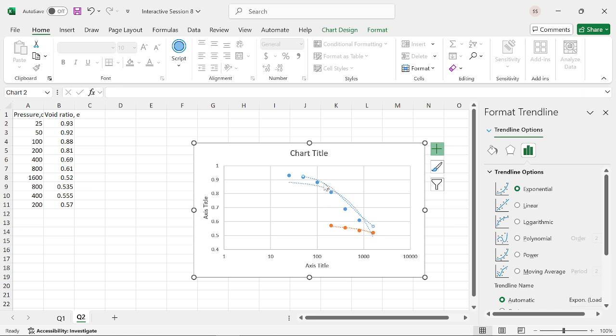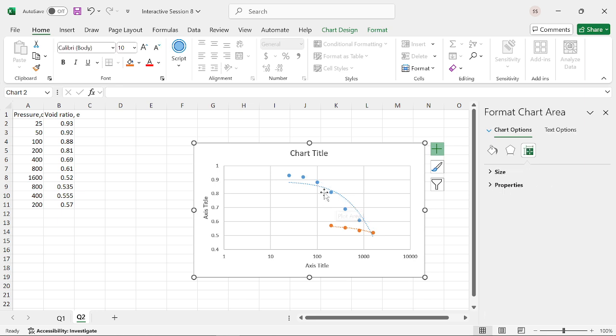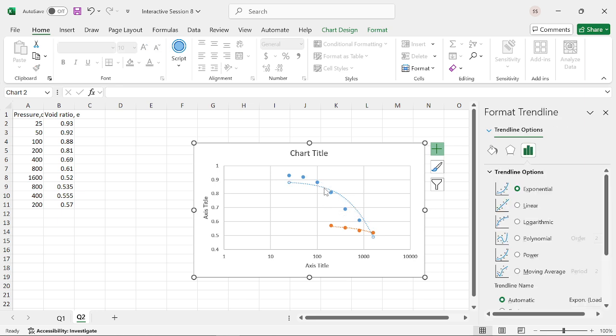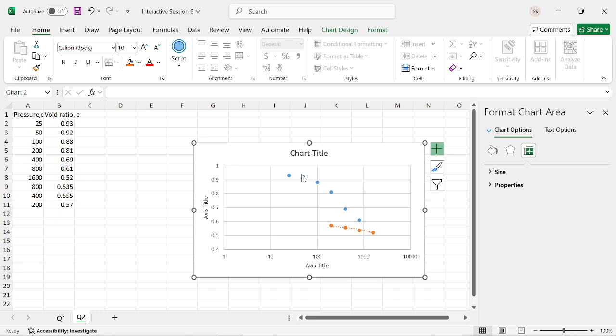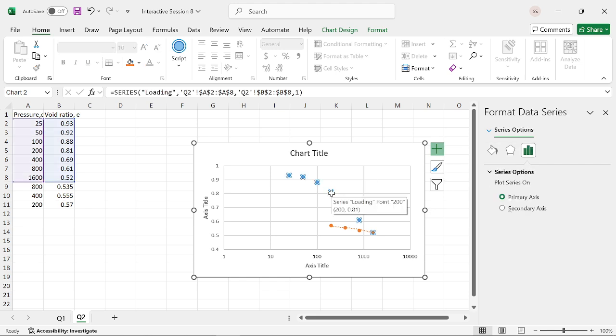Actually, the thing is that we have a pre-consolidation stress somewhere here, and we will have a trend line from here. This is at 200. Okay, so this will be the pre-consolidation stress. So let's do one thing.